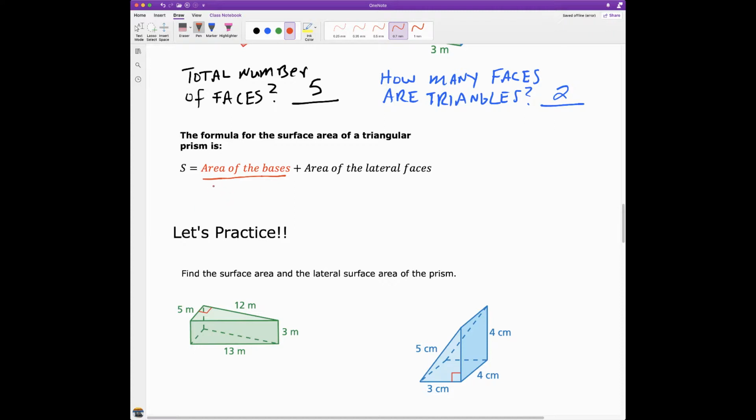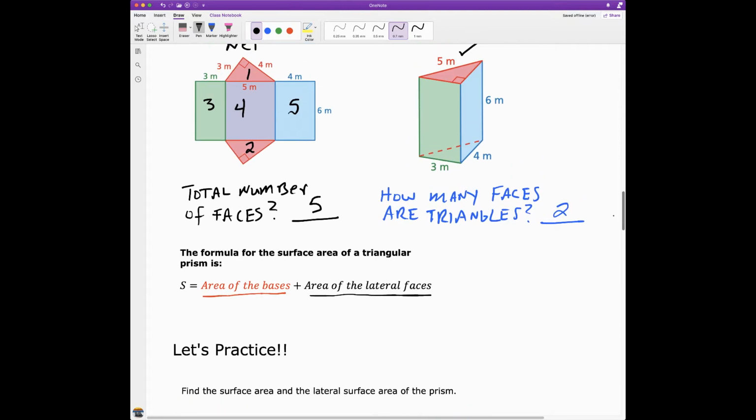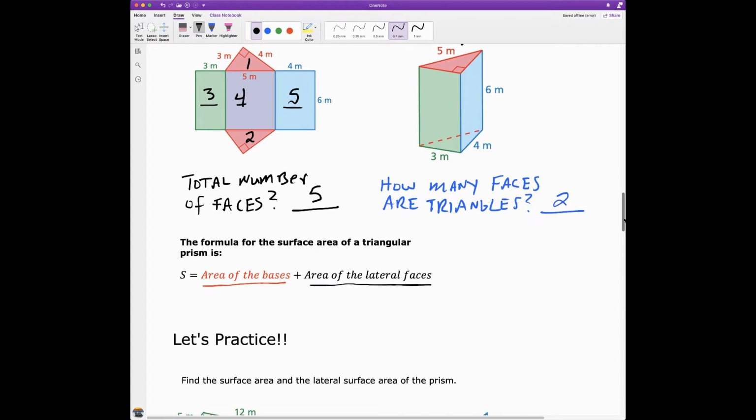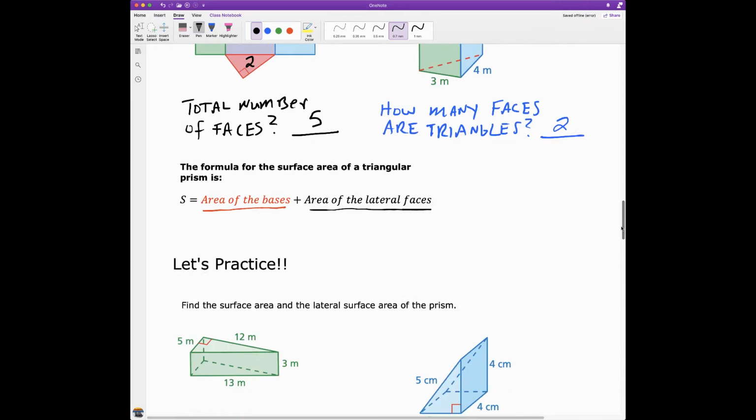And remember, that's 2 triangles we have to find the area of, plus the area of the lateral faces. So let me go back up here. So for my lateral faces, which would be 3, 4, and 5, what are the shapes of my lateral faces? That's correct. Those are rectangles. Okay, so those will always be rectangles.